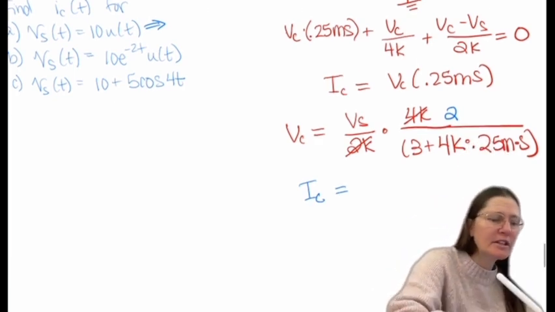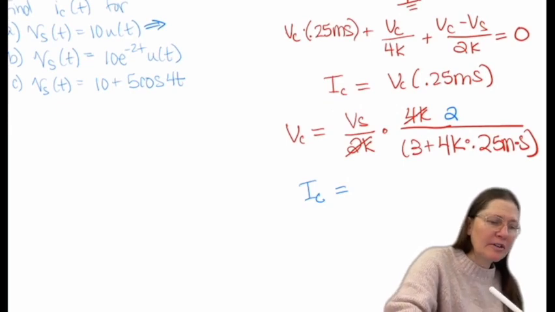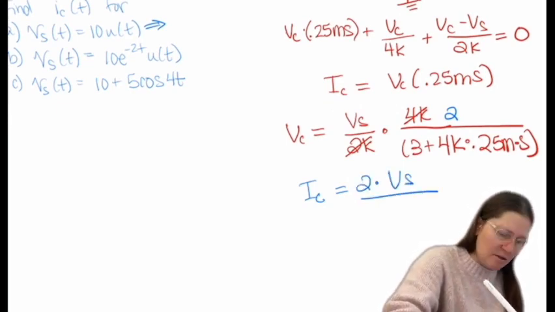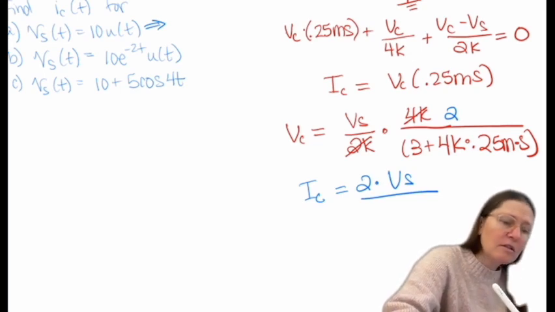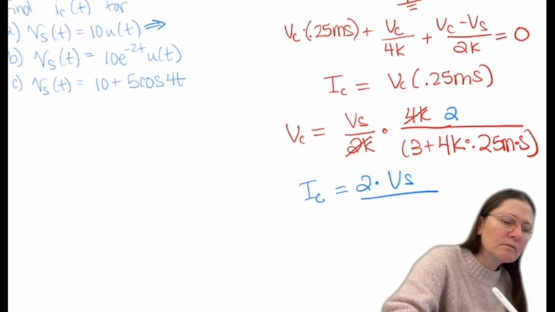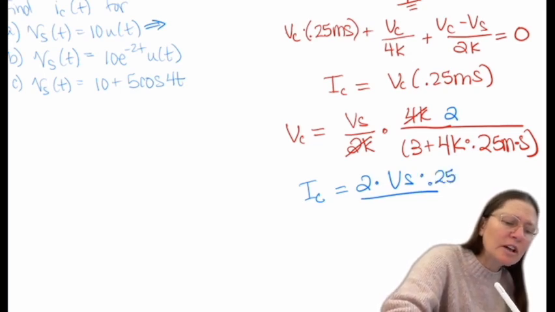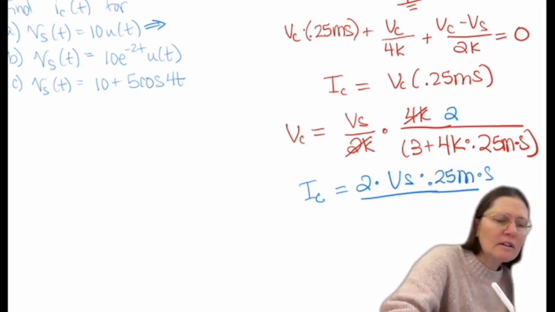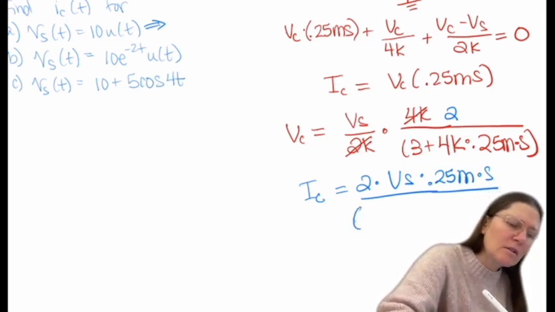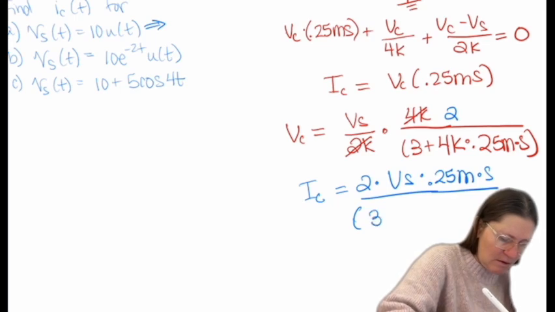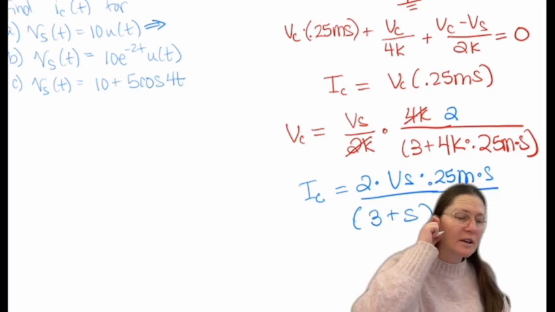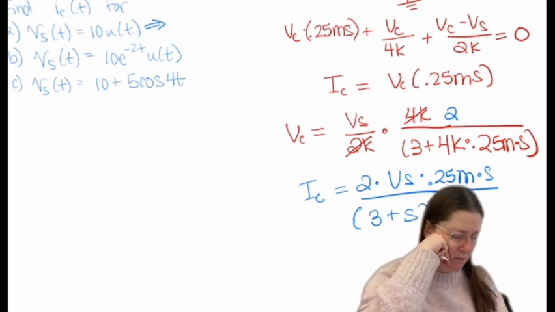Okay, so IC here is then 2 times VS times 0.25 milli S. So it's VC times that, and then 3 plus S. The 4K times 0.25 milli ends up being 1.